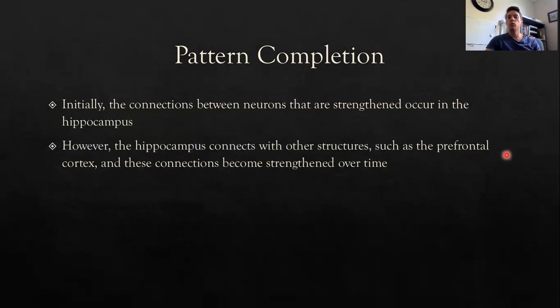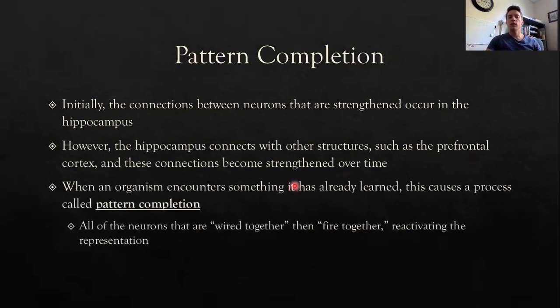Sometimes the region where this connection is being strengthened is referred to as the neocortex, neo meaning new, a newer part of the brain. The prefrontal cortex, I will reiterate from earlier, is a relatively evolutionarily newer part of the brain. And so we get this strengthening connection between neurons in the hippocampus and neurons in, for example, the prefrontal cortex.